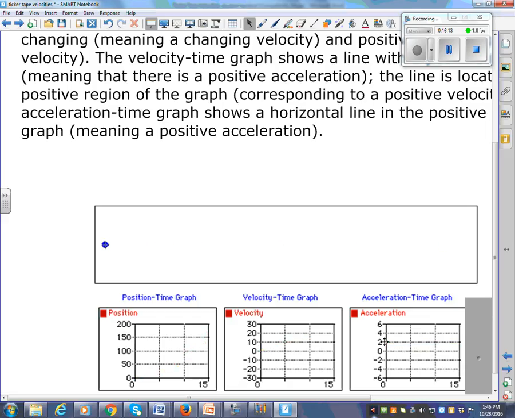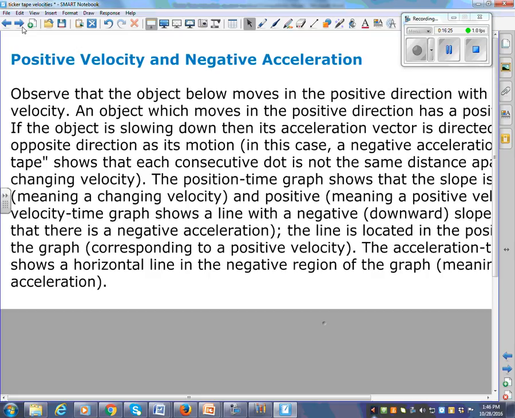Okay, so we've done this one: positive velocity, positive acceleration, right? So what's next? Negative, positive, or negative, negative? Oh, positive, negative. Okay, so positive velocity, negative acceleration. Positive velocity means to the right, negative acceleration means to the left. So it's going to be slowing down.